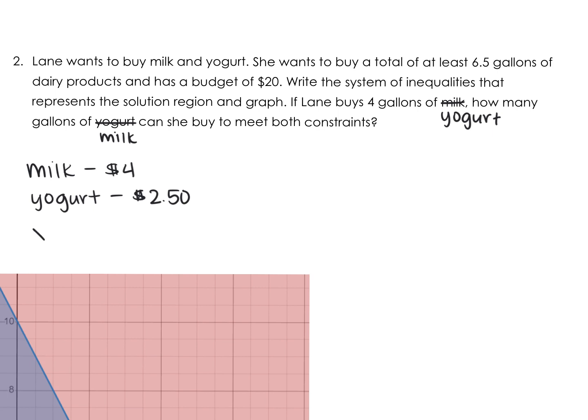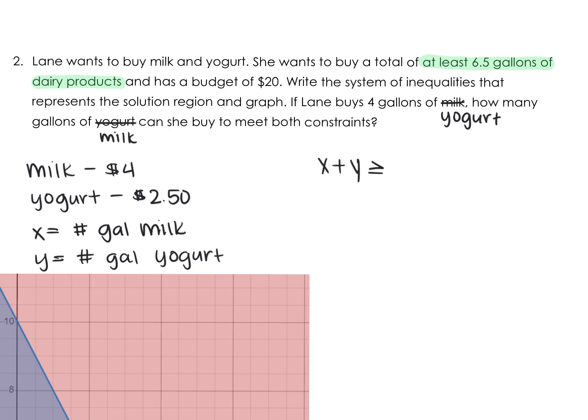So I'm going to let X be my number of gallons of milk and Y be the number of gallons of yogurt. For my inequalities, we have that you want to buy at least 6.5 gallons of dairy products. Milk and yogurt are dairy products, so X plus Y needs to be greater than or equal to 6.5.